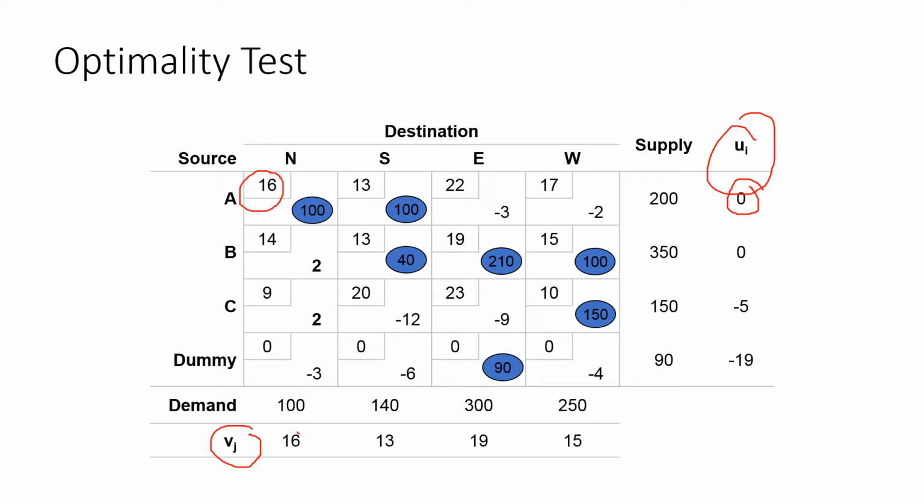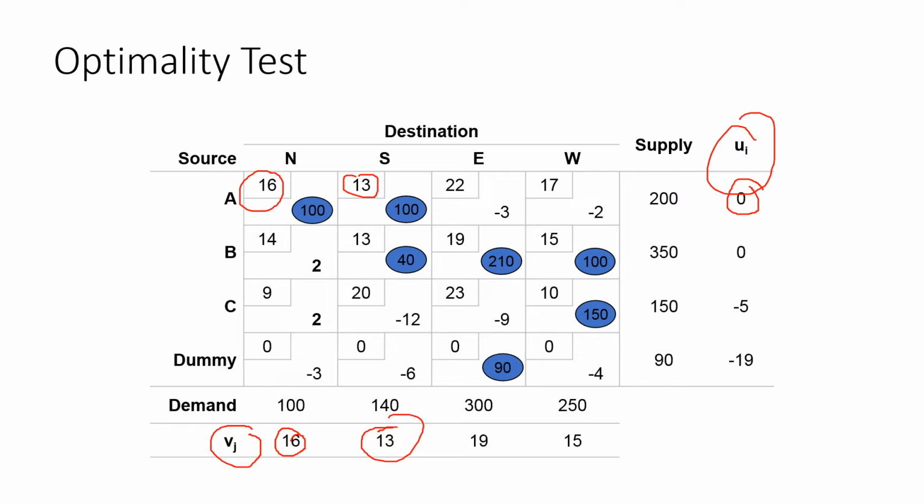This something must be 16. So u1 plus v1, so 0 plus v1 equal to 16, v1 must be 16, and so on. 0 plus something equals 13, this something must be 13, and that's how I found v2.